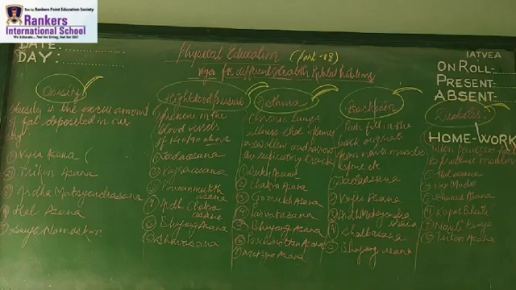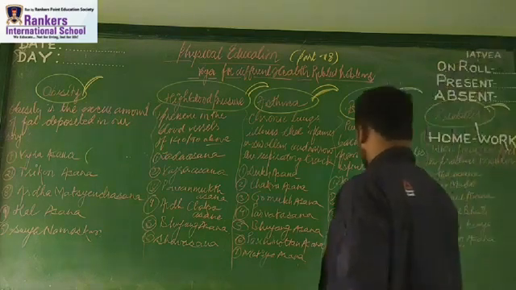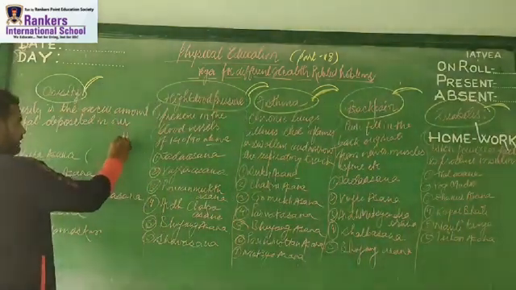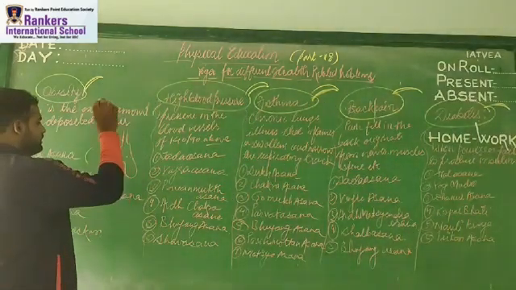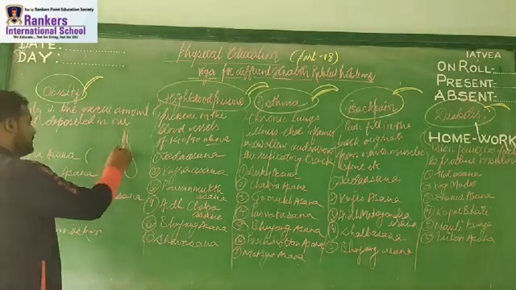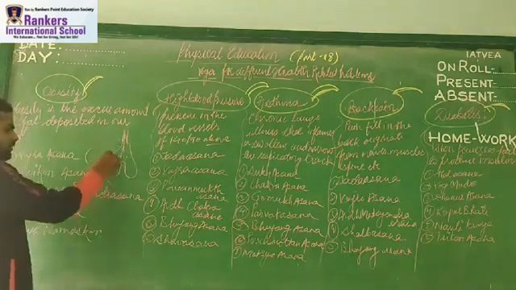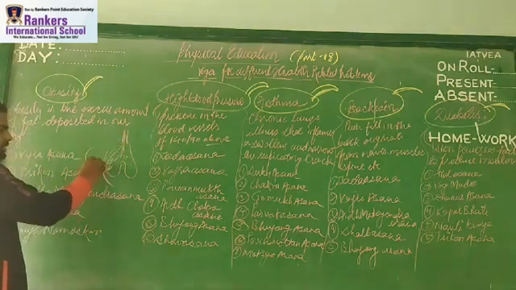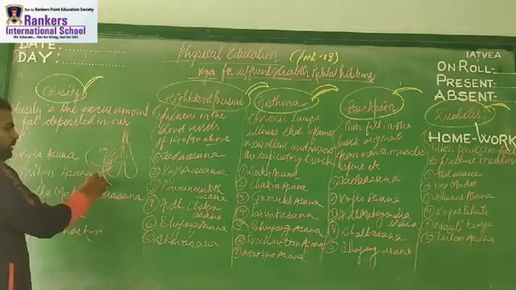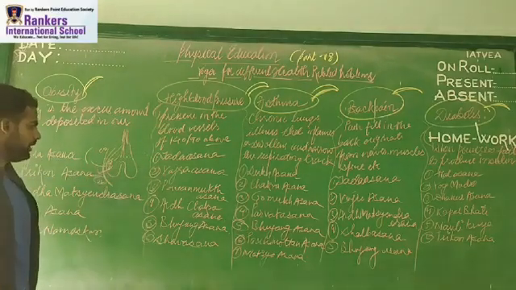You students definitely know something about your lungs, that is your respiratory system. In the lungs there are a lot of bronchi, bronchus, alveoli, alveolus, and there is a diffusion of oxygen and carbon dioxide, and O2 will go and mix with the blood.